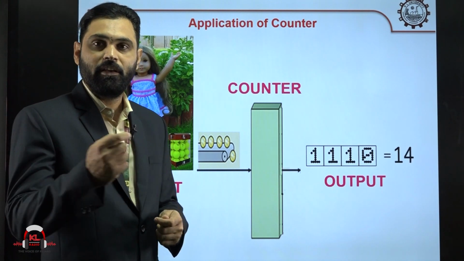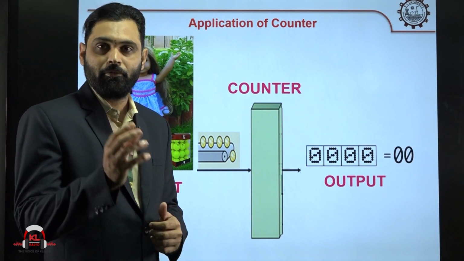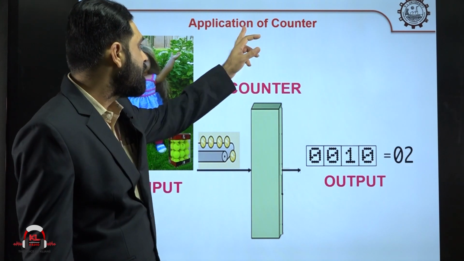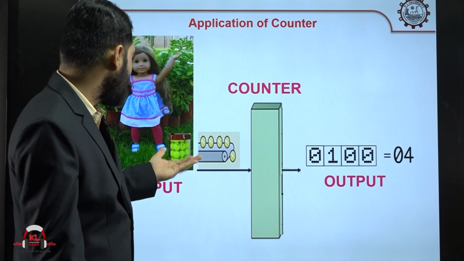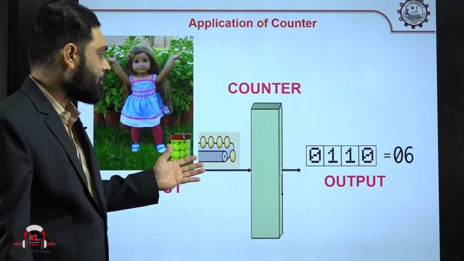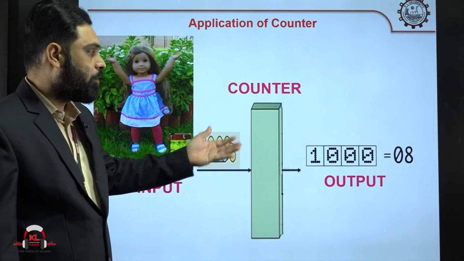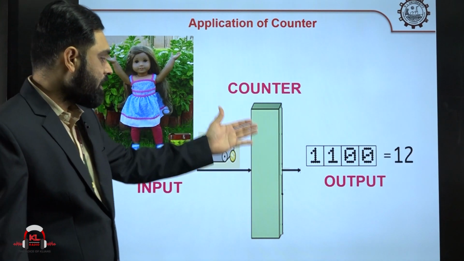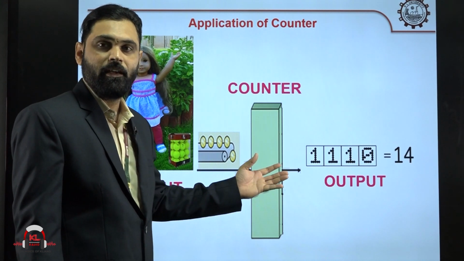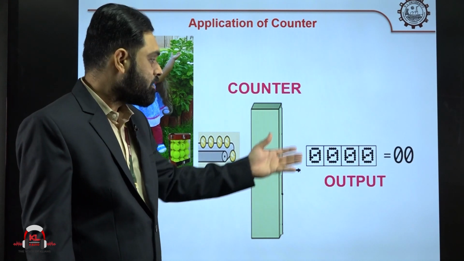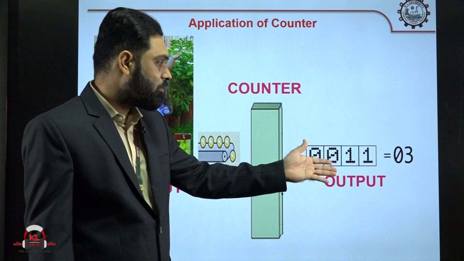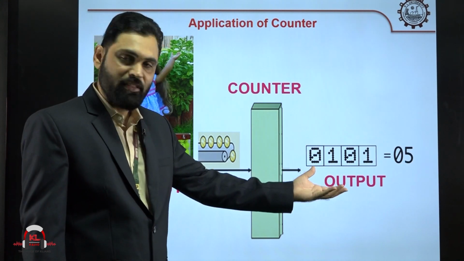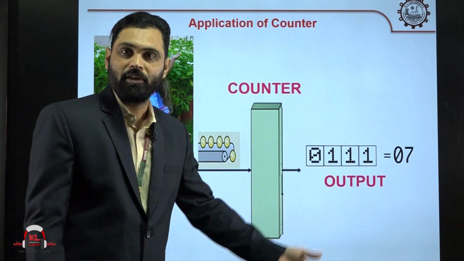If you want to count each operation, you require one circuit, that circuit is the counter. For example, if you are applying some inputs and want to understand how many operations you are doing, that circuit will take care of it. The counter will produce the output, and with respect to the counter you will understand how many operations are done.